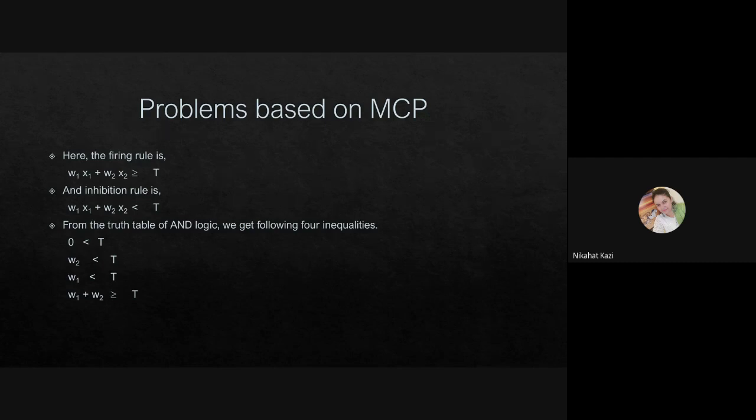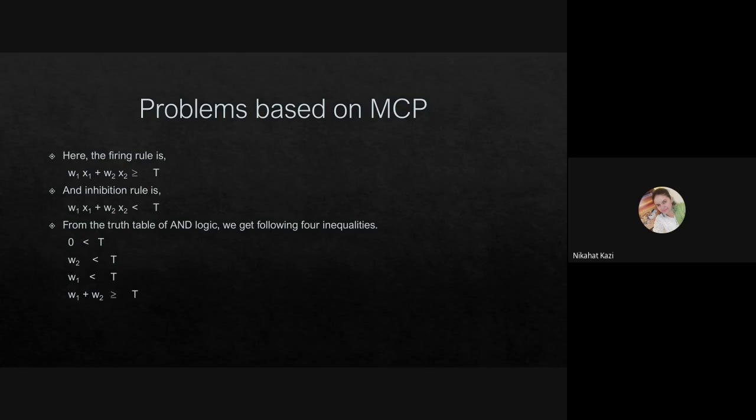Whichever rows in the output column have the value 0, those are inhibition outputs, so that will correspond to the inhibition rule, and whichever has output 1, that is the firing rule, right?